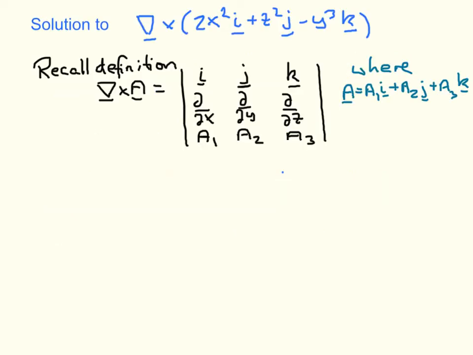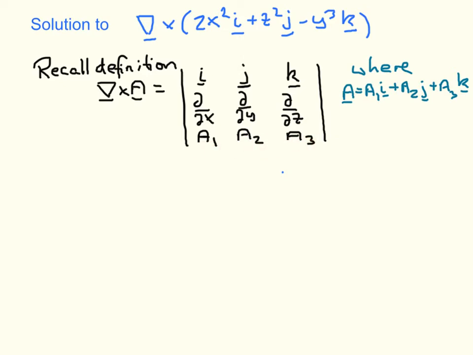So to solve the first problem and calculate the curl of this vector, we recall the definition of the curl, and we write this determinant-like structure where the first row are the unit vectors i, j, and k, the second row are the partial derivative operators d by dx, d by dy, and d by dz, and the bottom row are the components of the vector whose curl is being calculated in the i, j, and k directions.